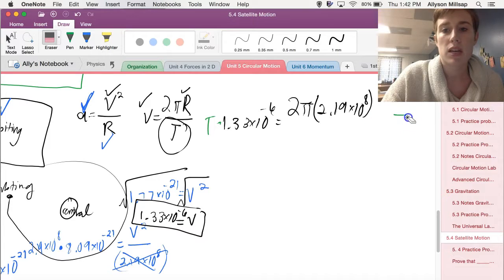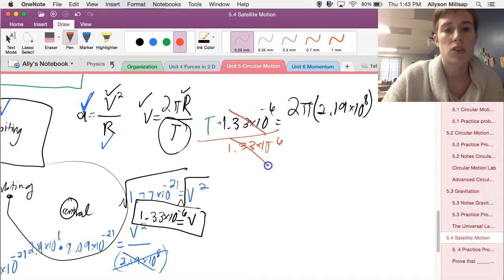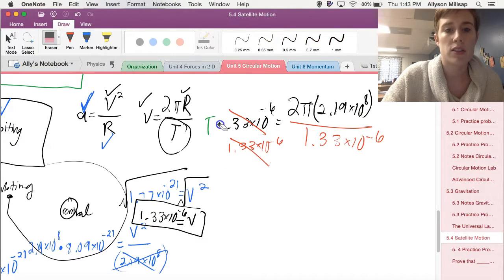We don't have T anymore. Yay. But we have T times this value. Well, we don't want this value on this side, so let's divide. So now this is gone. So T equals this value.